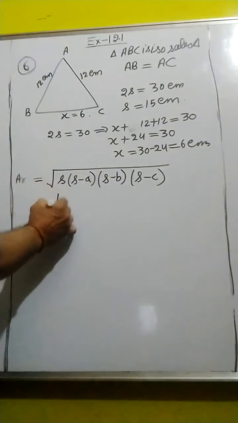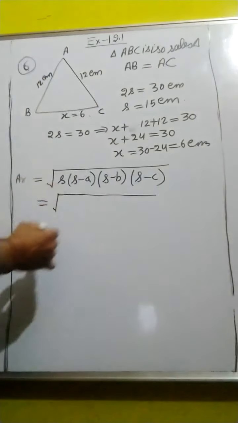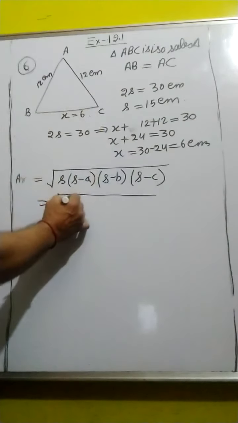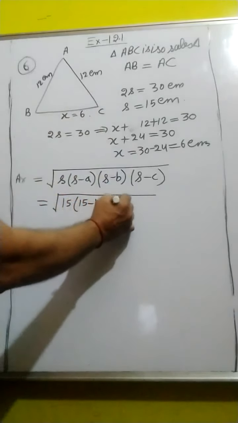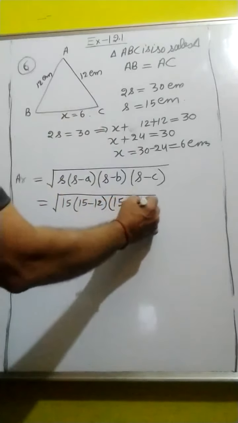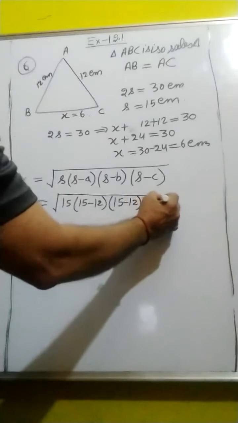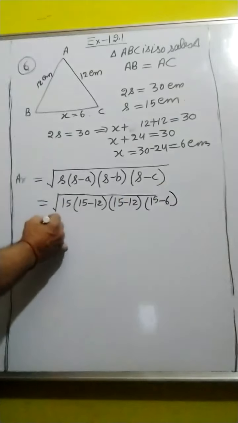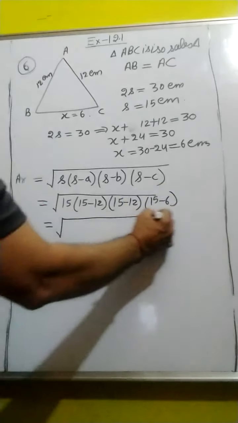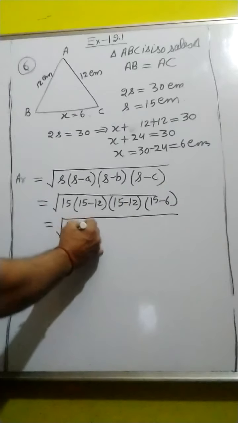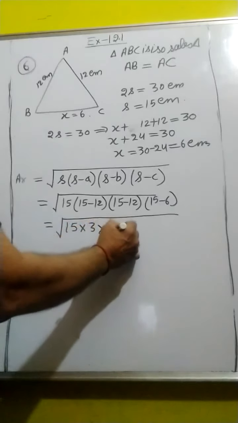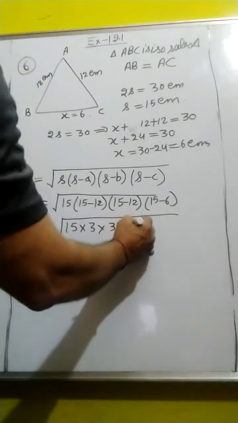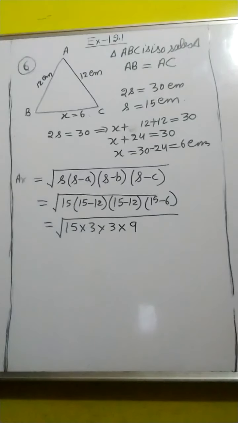So this will be under root s, s is 15. So 15 minus 12 into 15 minus 12 into 15 minus 6. So this is equal to under root 15 into 3 into 3 into 9.